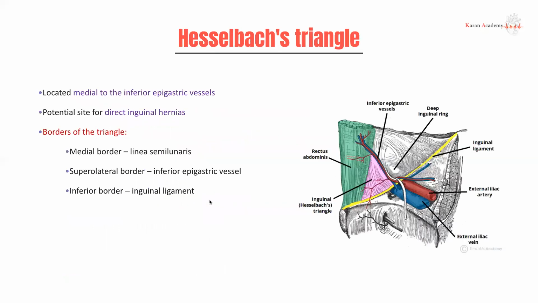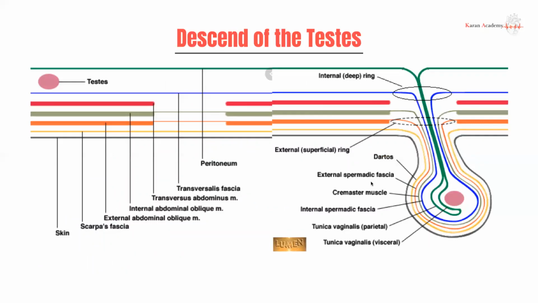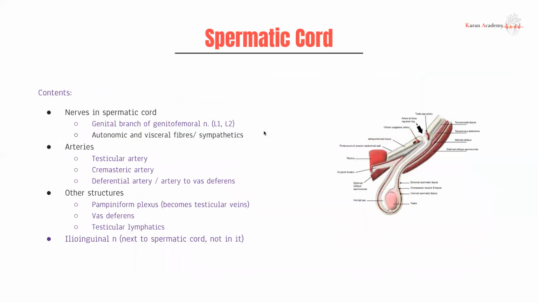Let's talk about that. So I'm going to go 2 slides back and talk about the tunica. So the 2 layers are the tunica, and this passage is known as the processus vaginalis. A patent processus vaginalis just means that this is open, right? And as you can see, this is the deep inguinal ring. 2 slides ahead, this is the deep inguinal ring.